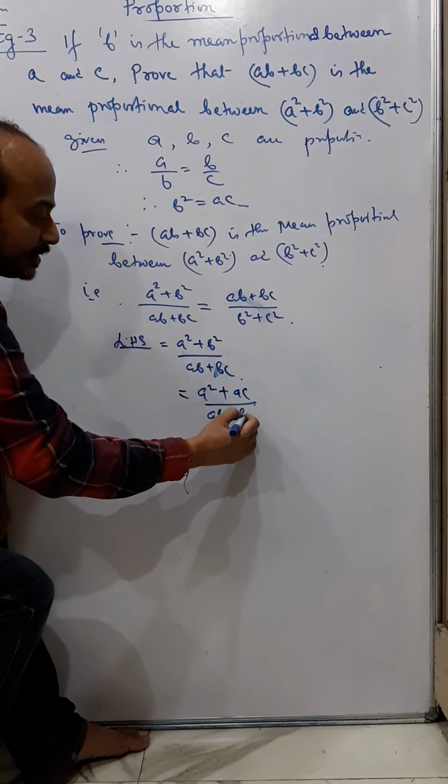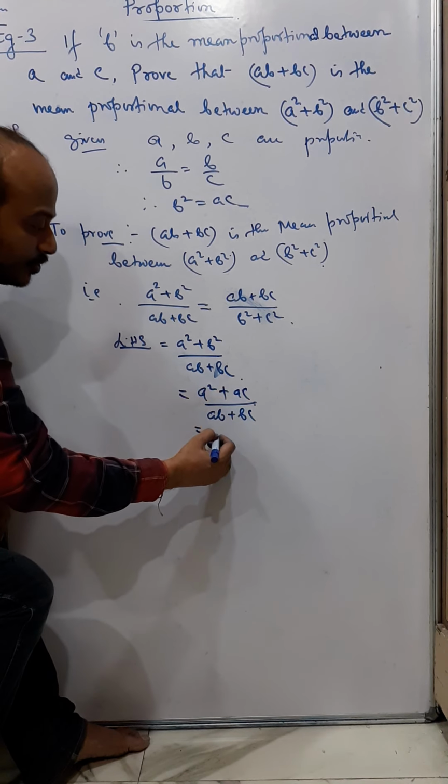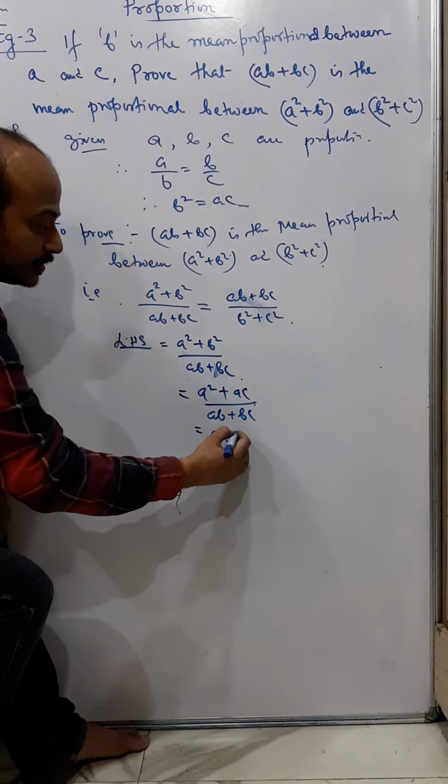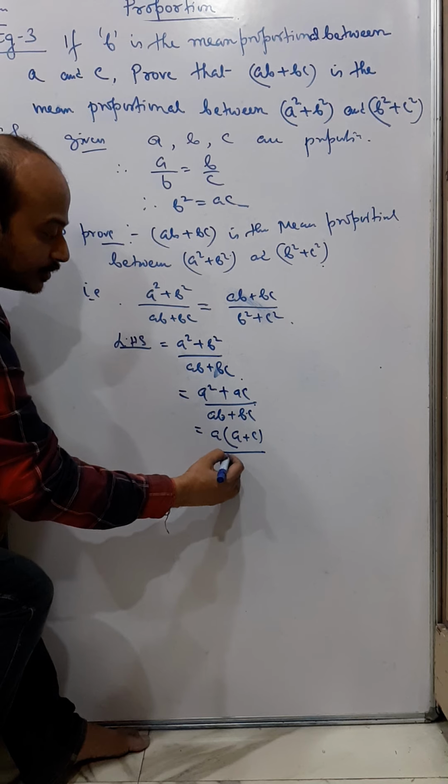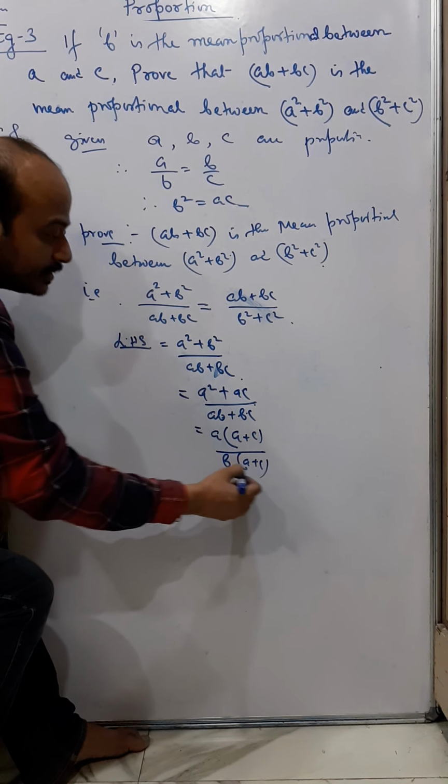And we got AB plus BC. So we can take A common here, what I get? A plus C. And here we can take B common. We get what? A plus C.